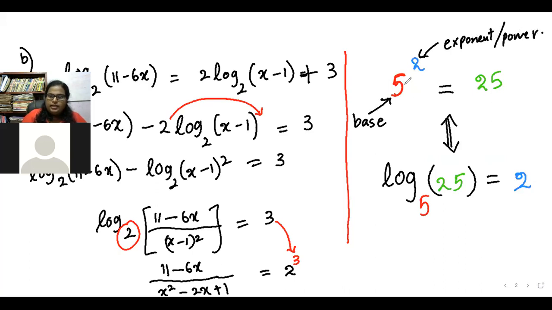So you can see that with log functions we write this base in small size as 5, and inside this log function you have to write this 25, and as the answer of this log equation you have to write this 2 here like this, right? So this is the way we convert log into exponential form.